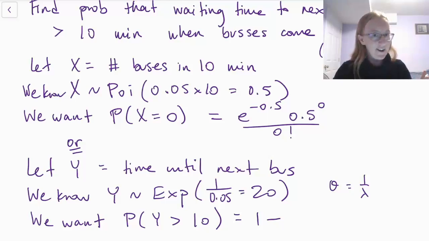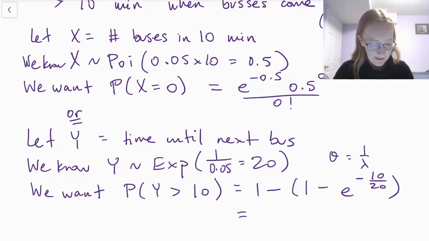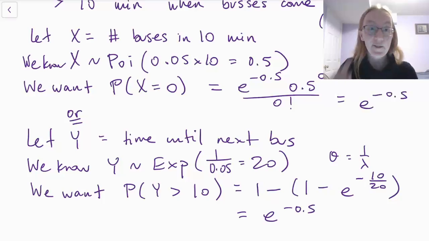And the CDF of the exponential distribution is 1 minus e to the power of negative t over theta. So negative 10 over 20. Well, guess what? This is equal to e to the negative 0.5. So they're equal to each other.